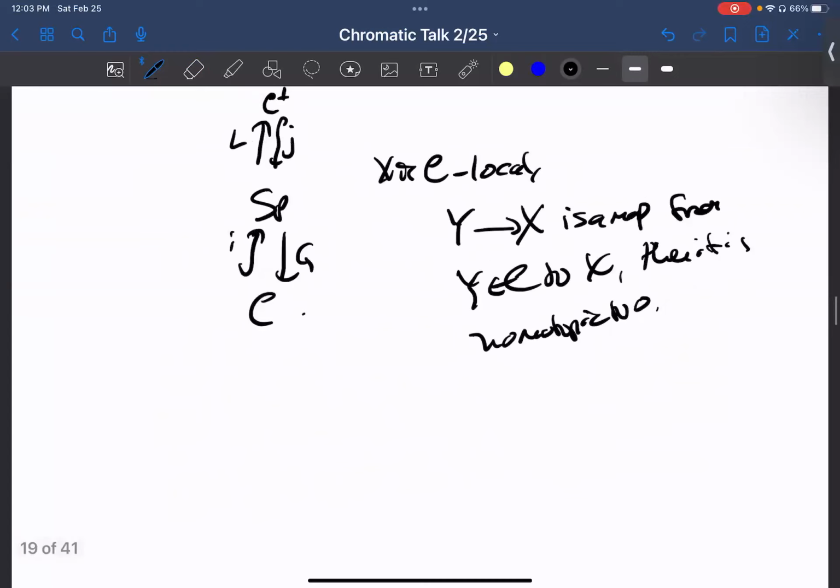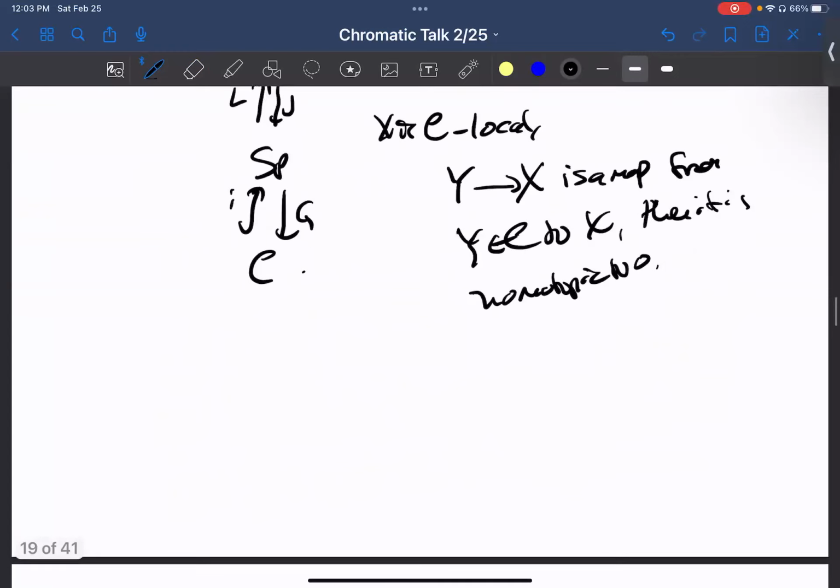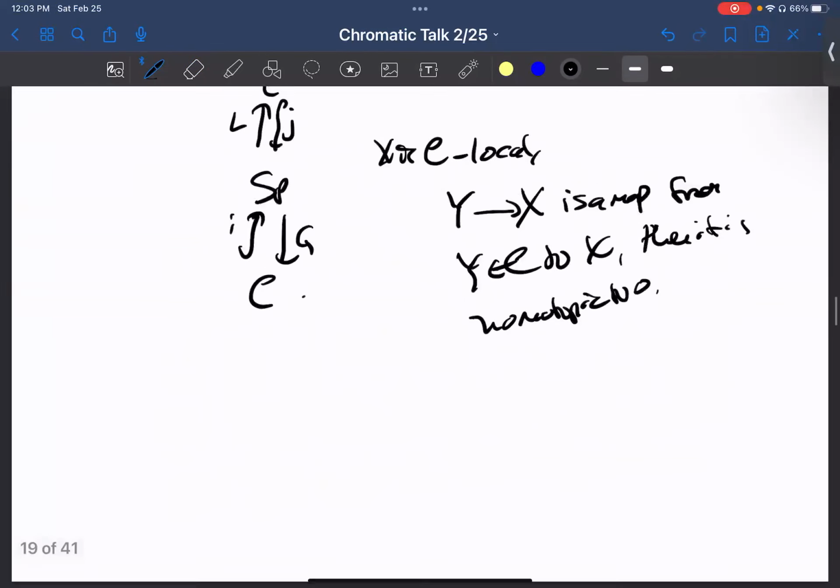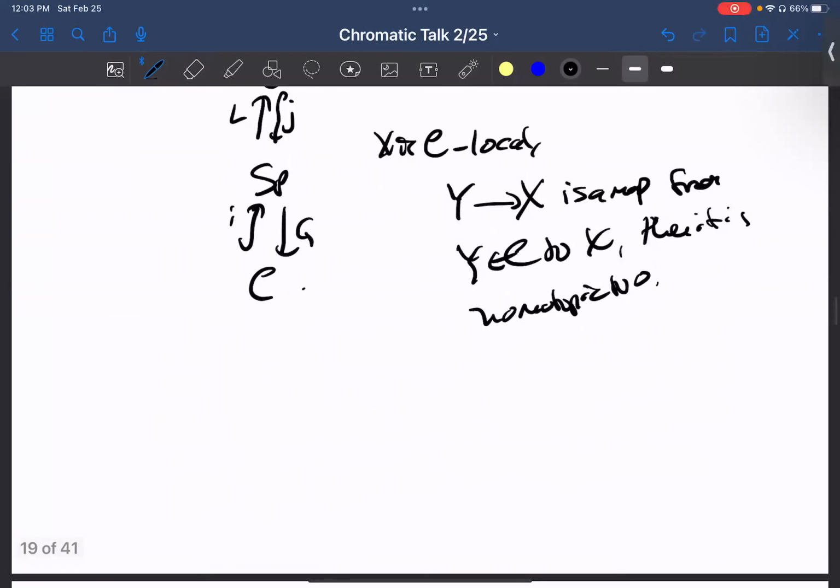There's a few other ways you can say this. One other easy way is you can say it's the essential image of a certain map, and for the certain map, we can abuse stability to actually get this adjoint over here. And how do we do this? Well, we take the co-unit of this adjunction here, and we're going to have IG of dash. We're going to map by epsilon of dash into the identity.